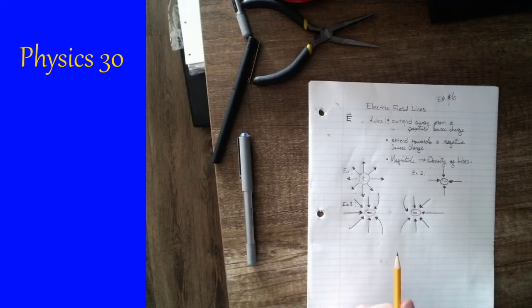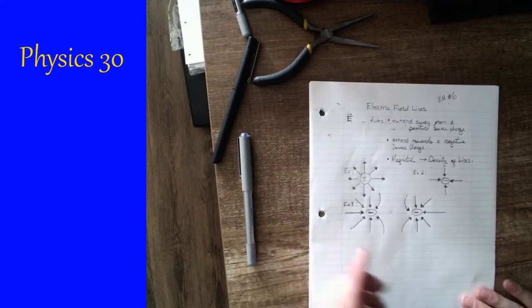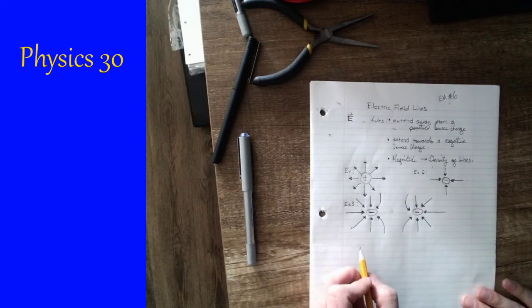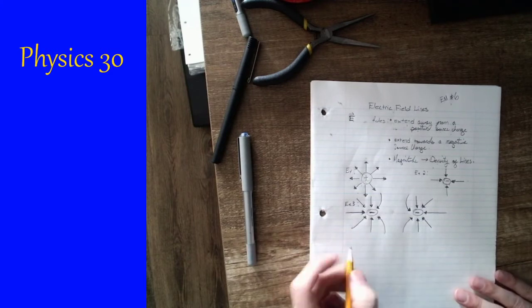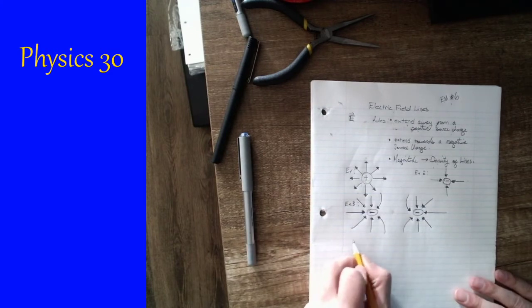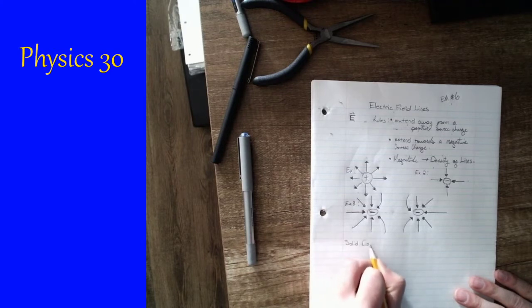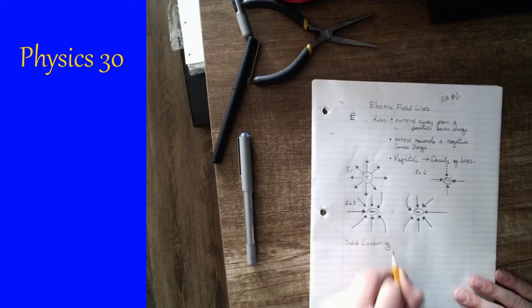Now we have a few shapes, I guess is how we would say it, that we want to explore the concept of what would happen with the electric field for these different shapes. So the first shape we want to look at is a solid conducting sphere.